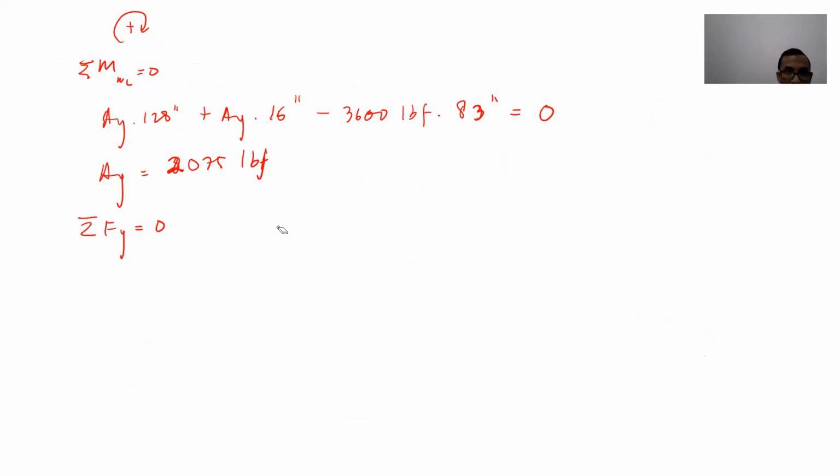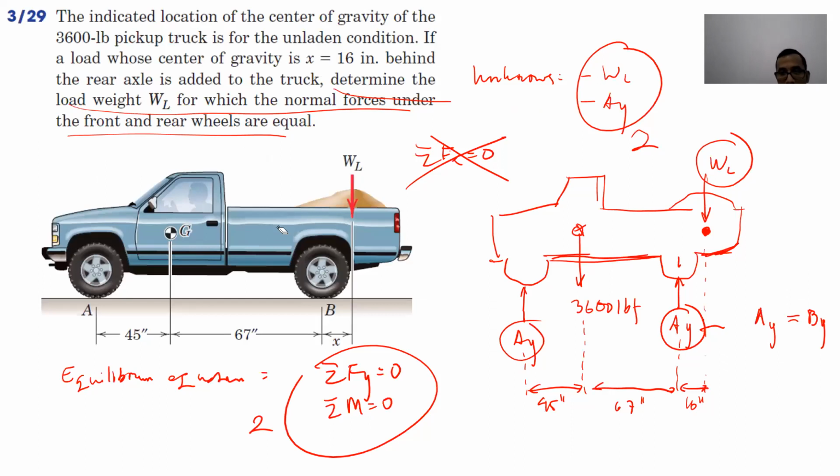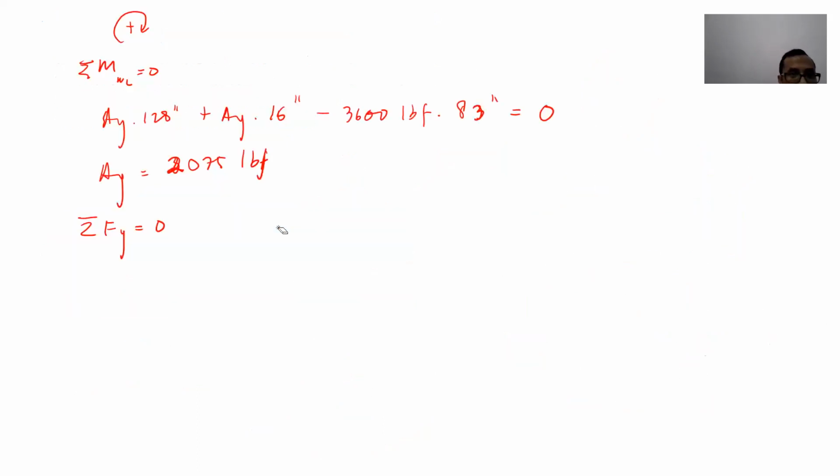Sigma Fy sama dengan AY plus AY minus 3600 LBF minus WL sama dengan 0.